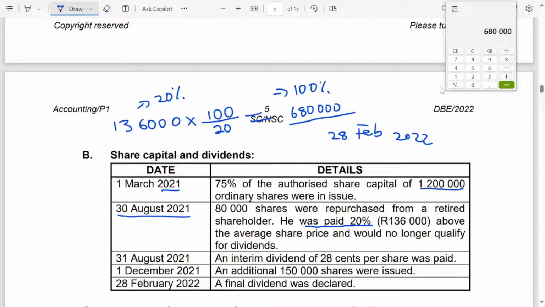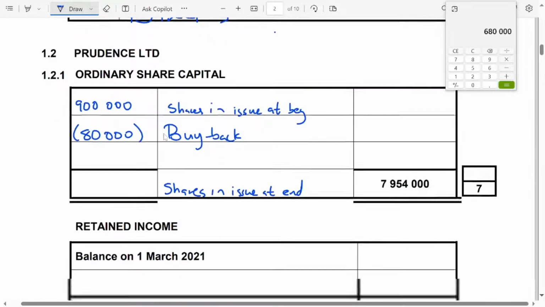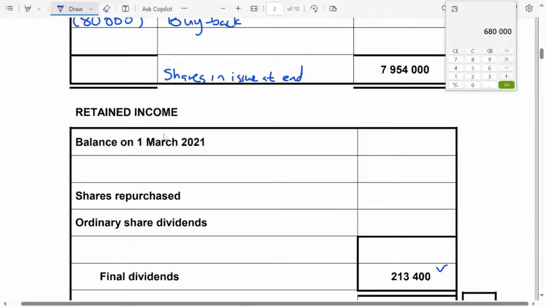So the amount for the average share price is the one that goes to the ordinary share capital for the buyback of shares, or for the shares that have been repurchased. And the one that is above the average share price goes to the retained income. Meaning this 136,000, we are going to take it and record it under the retained income as 136,000.